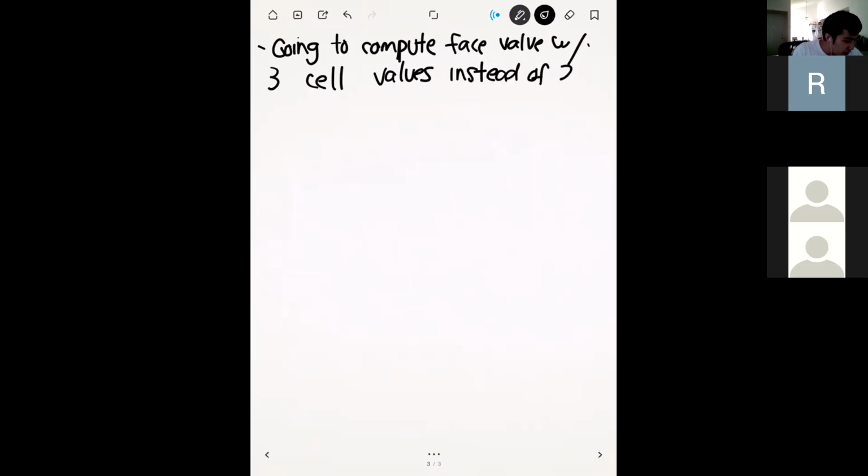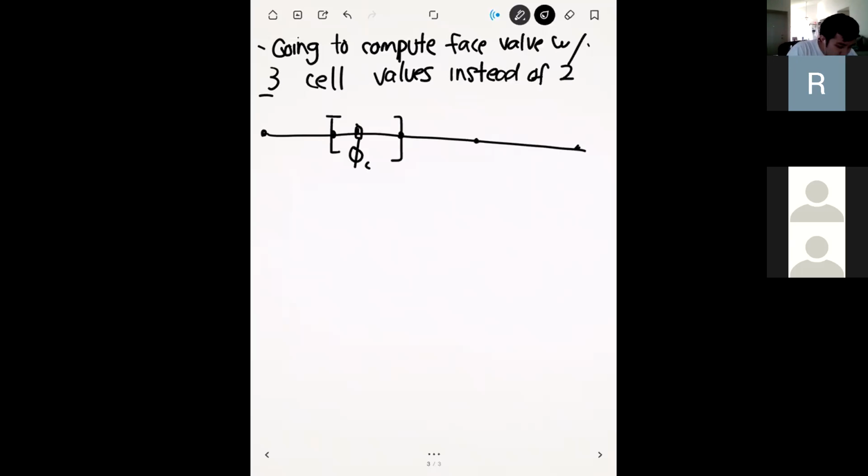And so let me show you how this works. Because it's 3, there are actually 2 different flavors that we can use. Let me work it out in 1 dimension, and then we'll see how it works in 2. Okay.